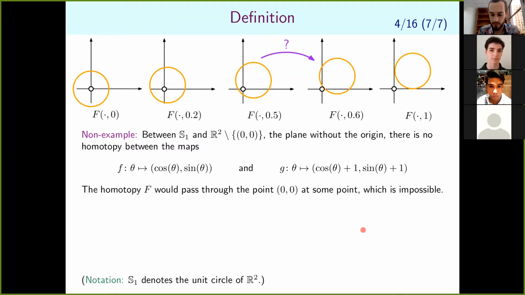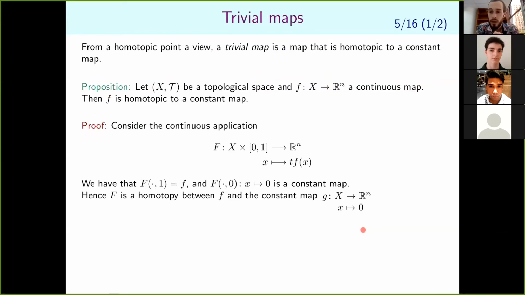Okay. Now we have homotopies, we can define trivial maps. So we say in topology that a map is trivial if it is homotopic to a constant map. This is the point of view we adopt. For us, all the constant maps and the maps that are homotopic to a constant map are trivial. They are zero.